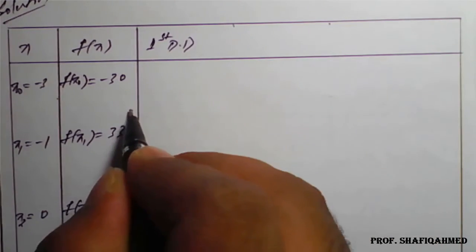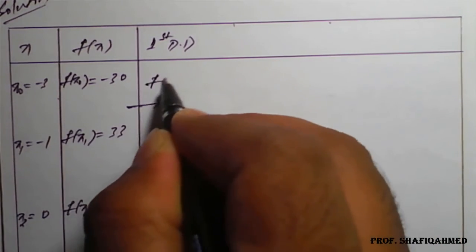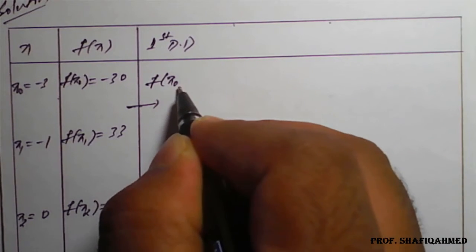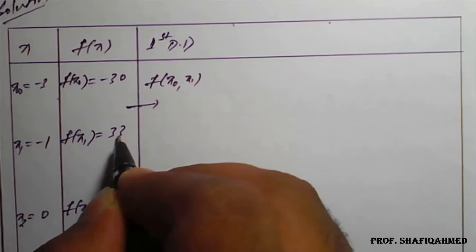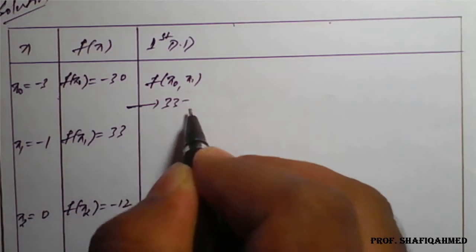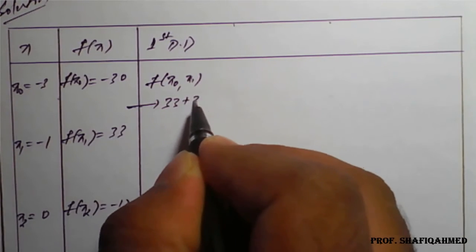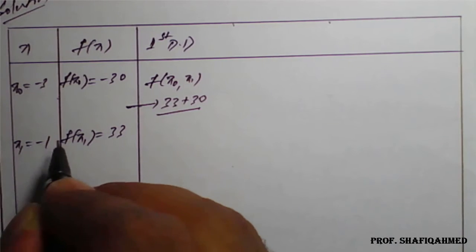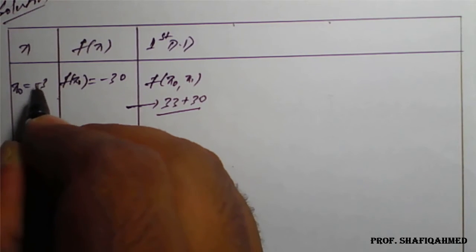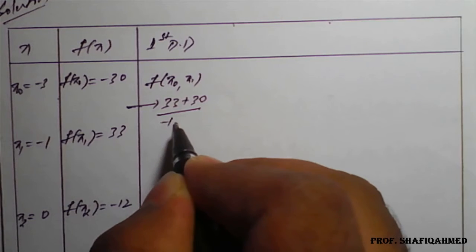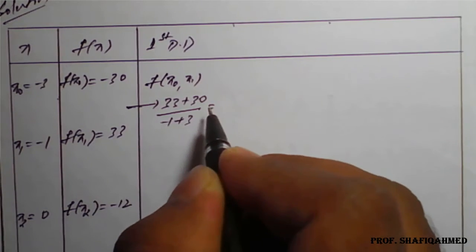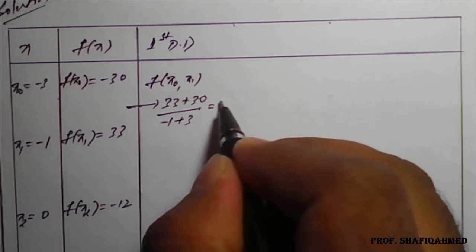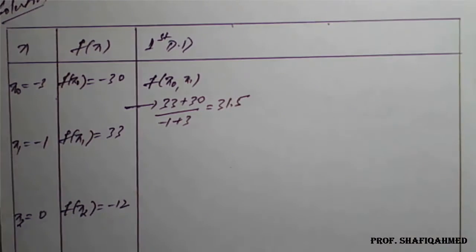first divided difference. First divided difference means we'll get the answer of f of x0 comma x1, that is 33 minus, it will become plus 30, divided by x1 minus x0, that is -1 minus of -3, so it will become -1 plus 3, and the resultant will become here 31.5.